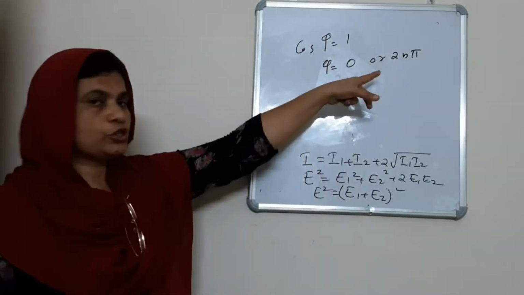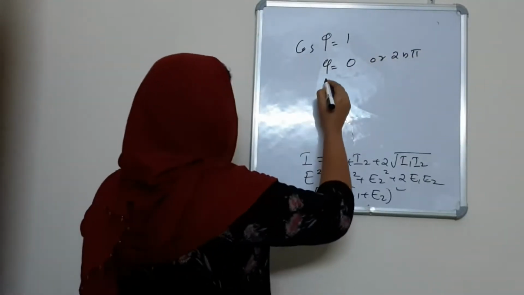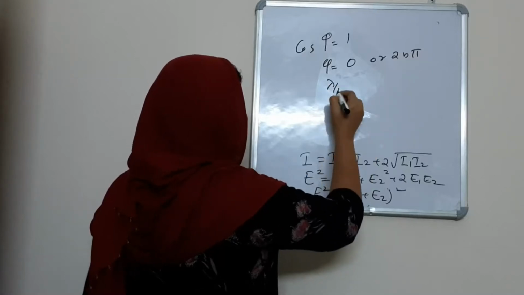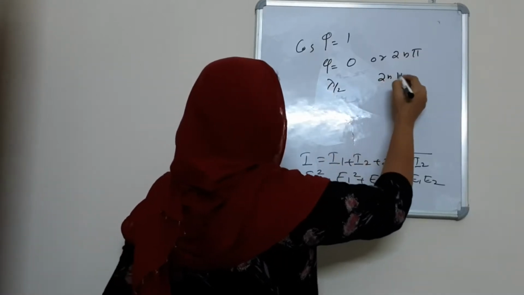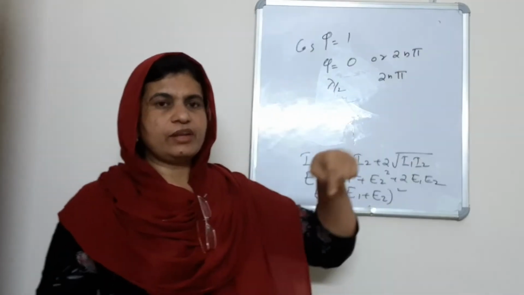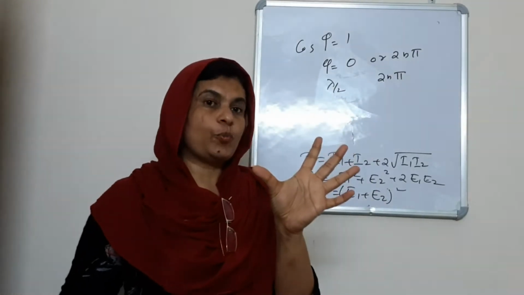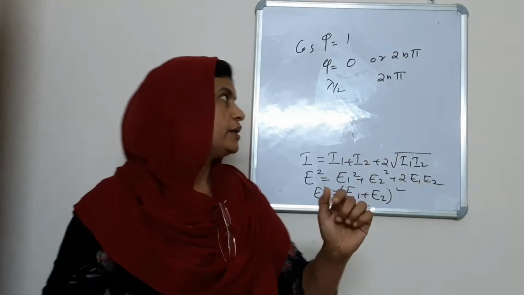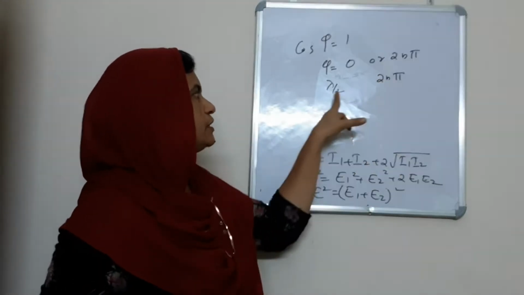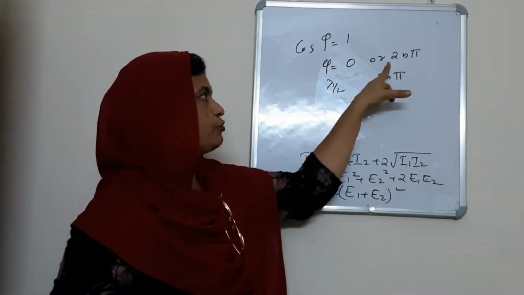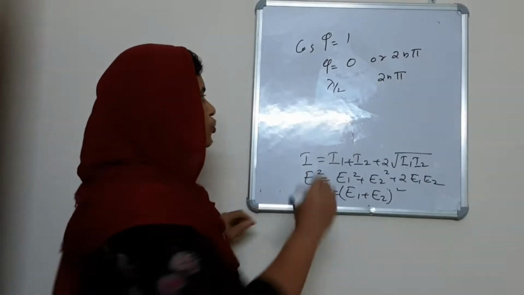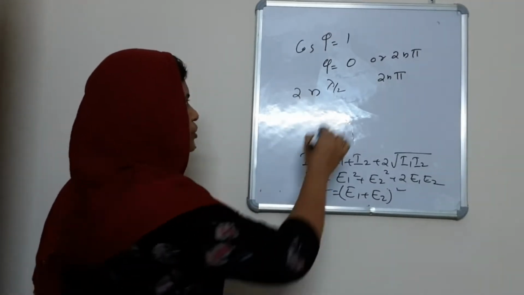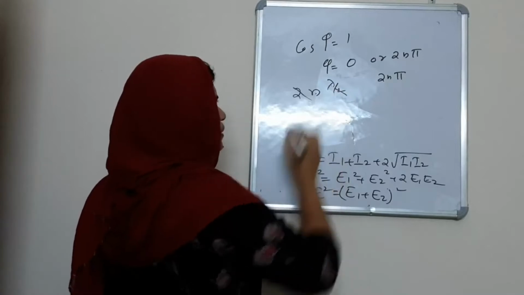For one complete wavelength, the total angle turned is 2 pi. Therefore, for half of the wavelength, lambda by 2, the phase is equal to pi. So for pi we get lambda by 2, and for 2n pi we get 2n times lambda by 2, which is equal to n lambda.